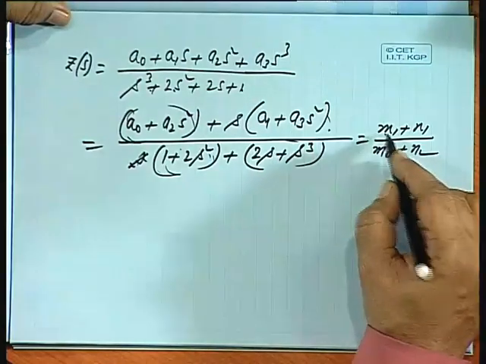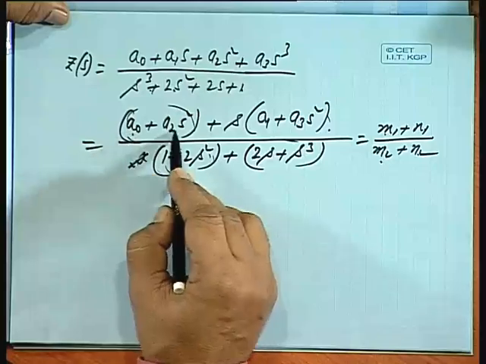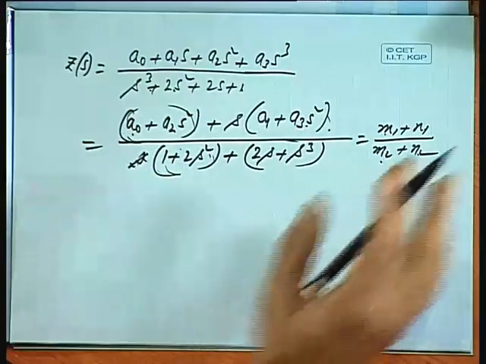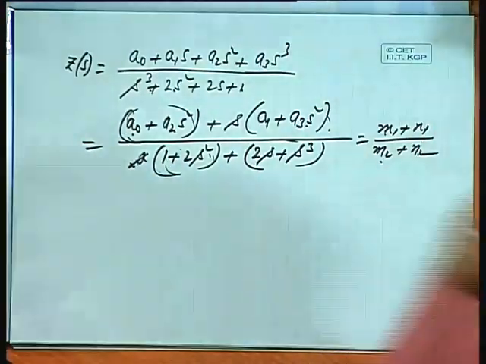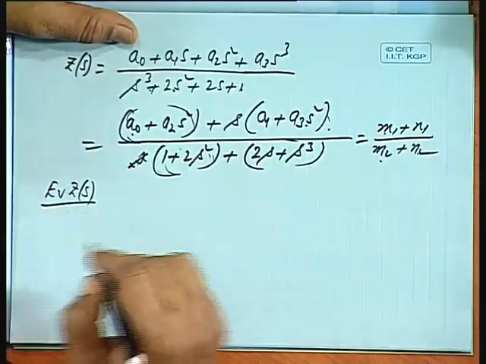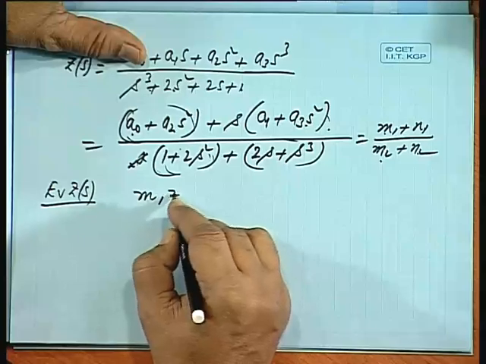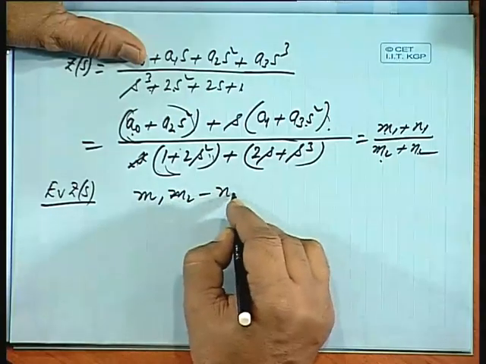So, I have identified m1, m2, n1, n2. However, these coefficients are not yet known. Now, you try to find out the numerator of even ZS, that should be M1 M2 minus N1 N2.